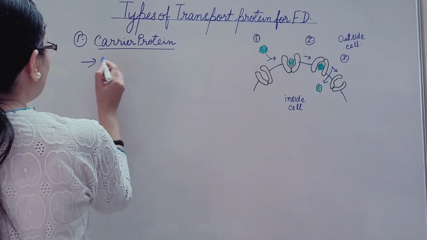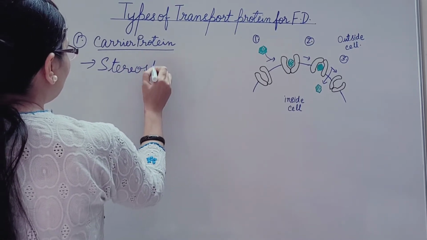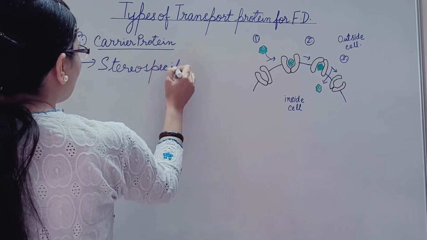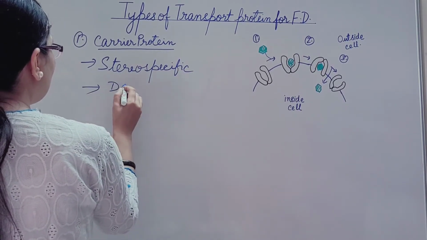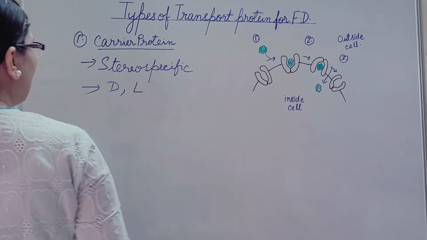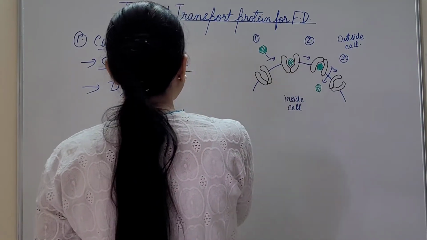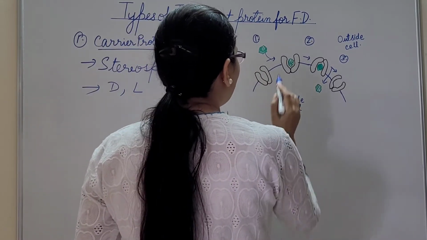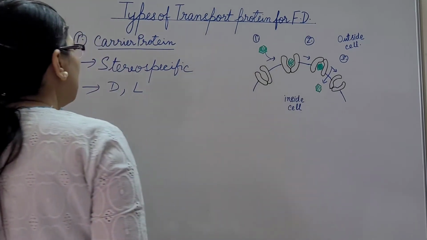So carrier proteins are stereospecific. Some molecules show stereoisomerism. These are present in D form and L form. The binding site of the carrier protein will bind to one of the isomeric forms but will not bind to the other isomeric form. This is known as stereospecificity.